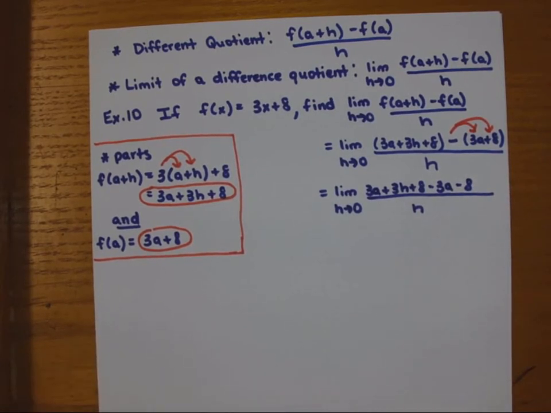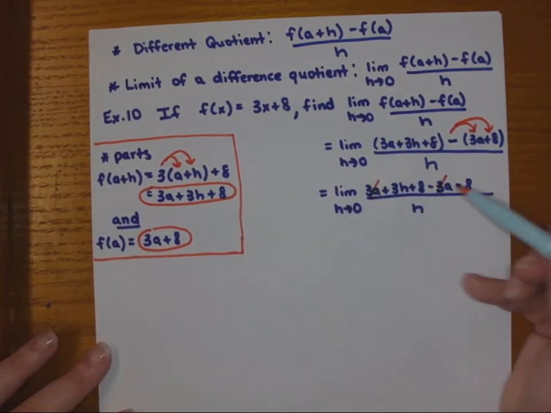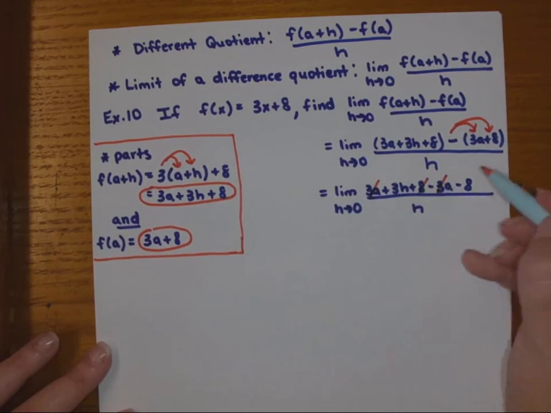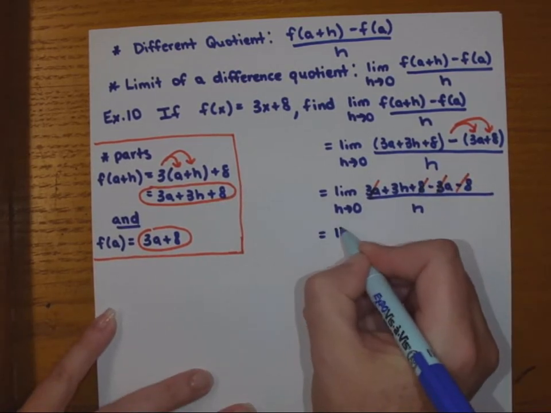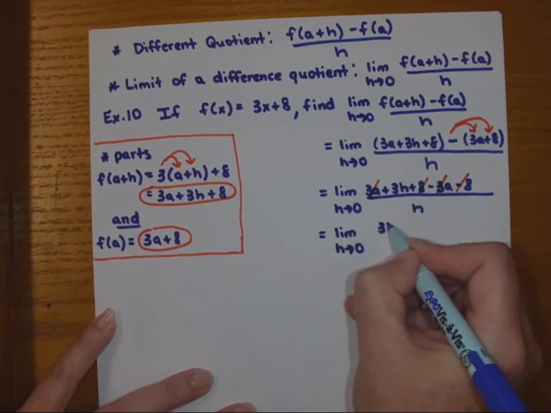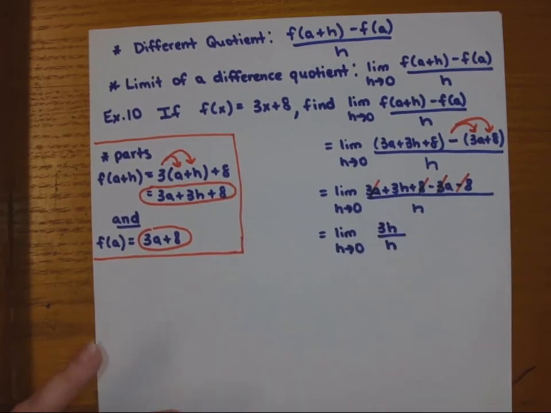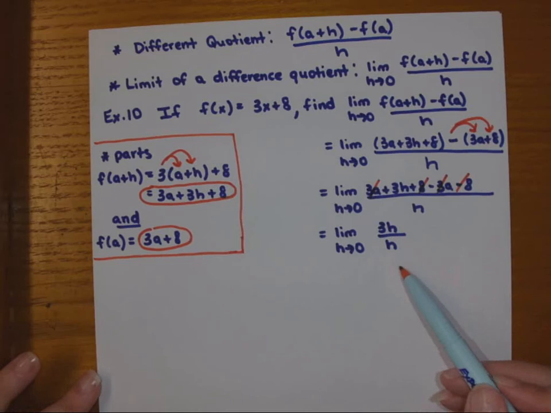And now with just a little arithmetic and algebra, we can simplify, right? Combine like terms. 3a minus 3a is 0. 8 minus 8 is 0. So that big ugly list is a little shorter now. I have limit as h approaches 0 of 3h over h. Okay, now because I'm multiplying 3 times h, I'm actually allowed to cancel one more thing out.